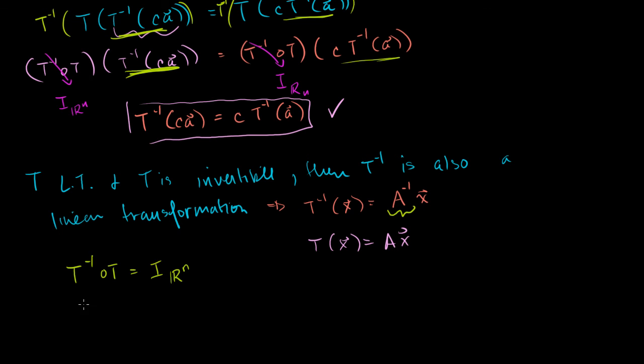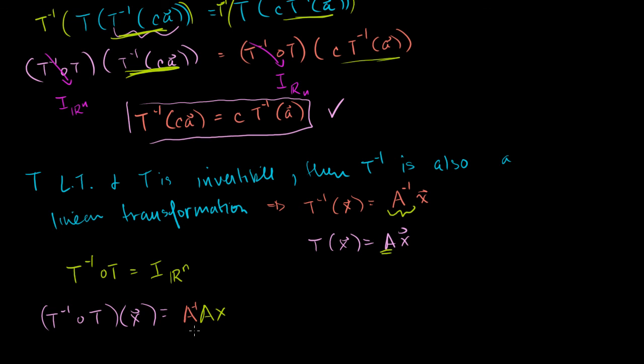So the composition of T inverse with T applied to some vector x is going to be equal to, first, A being applied to x, so Ax, and then you're going to apply A inverse to that.